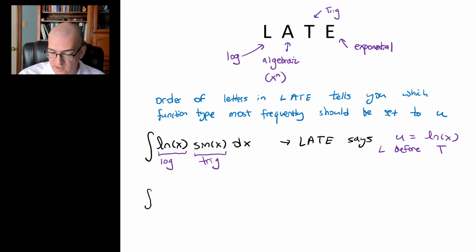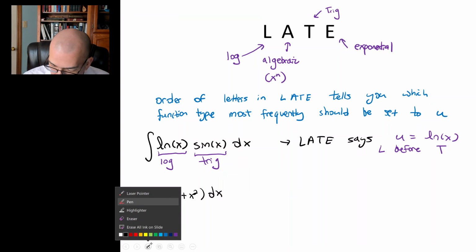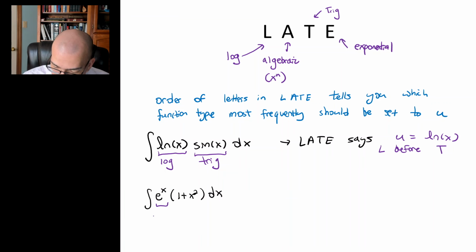Here's another one. Let's go e to the x times 1 plus x squared dx. We have an exponential and we have an algebraic.